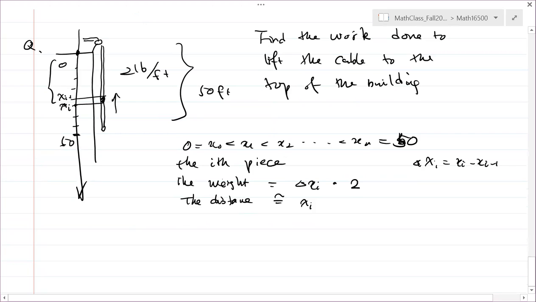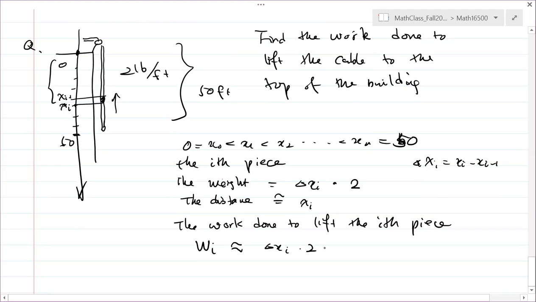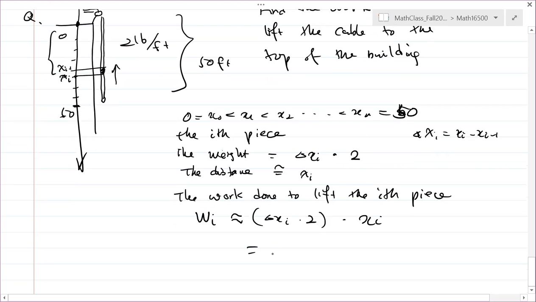So the work to lift the ice pieces, Wi, is about the weight, the force, times the distance. Delta xi times xi, so it's going to be 2xi delta xi.